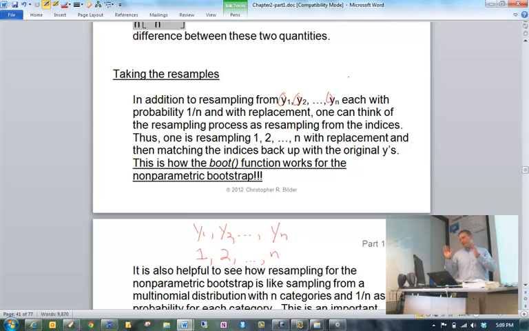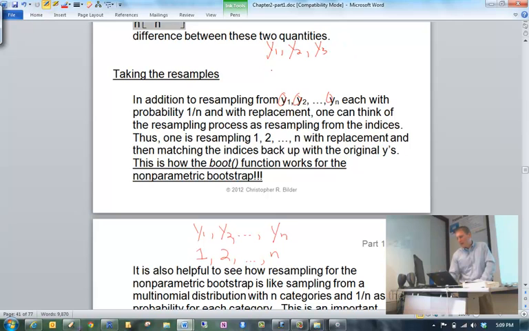so you're resampling. What you're doing is actually sampling indices. Index 1, index 2, index n. Maybe you might get index 3 2 times. Maybe you might get index n 1 time. Maybe you get index n minus 1 0 times, and so on. So what you could do is, suppose we have a sample size of 3, just to make things easy.